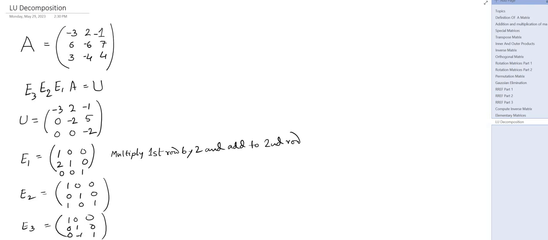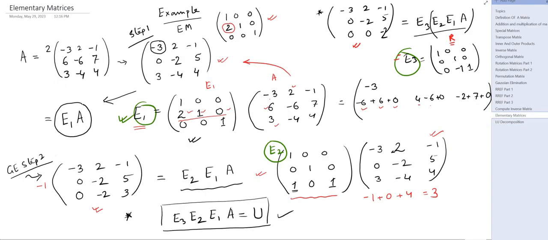So this is the continuation of my previous class, which was on elementary matrices. There we showed how, if you have a matrix, we can create an upper triangular matrix from it. That is basically the Gaussian elimination method, but represented in matrix form.